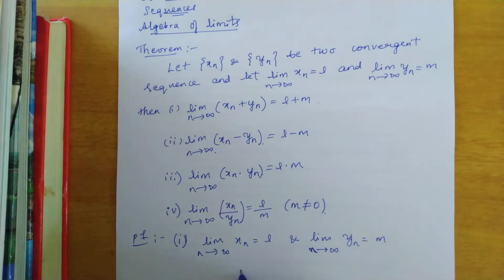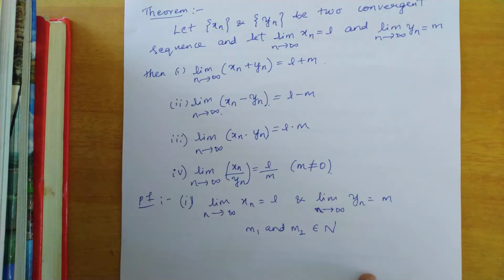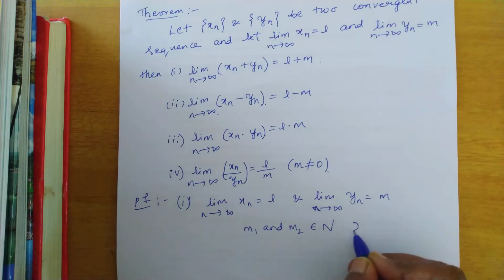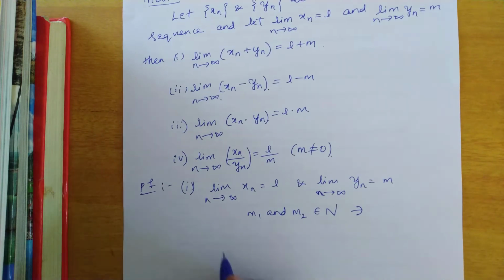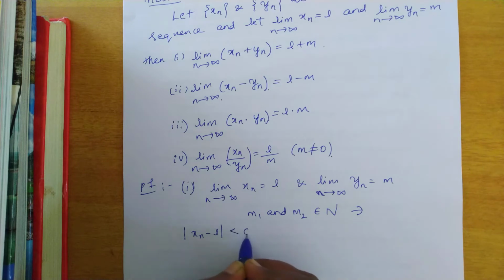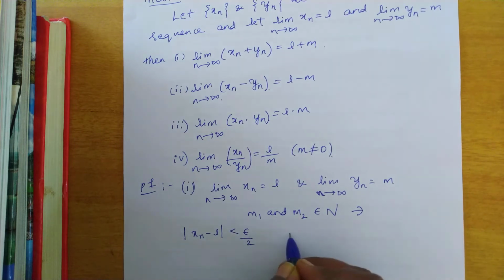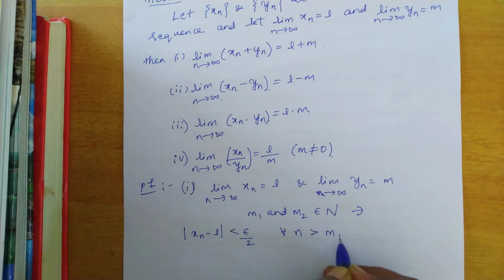Now let me consider m1 and m2 belonging to the natural numbers, capital N, such that the condition satisfied is modulus of xn minus L is less than epsilon by 2, for all n greater than m1.